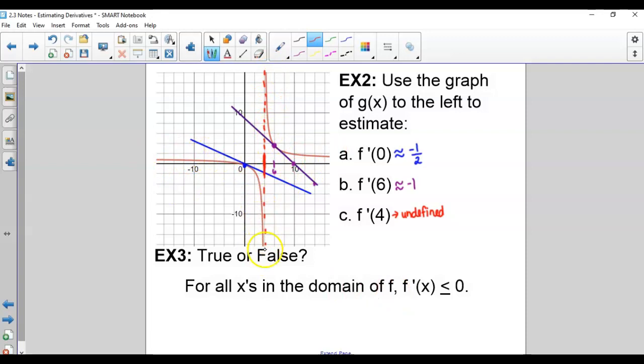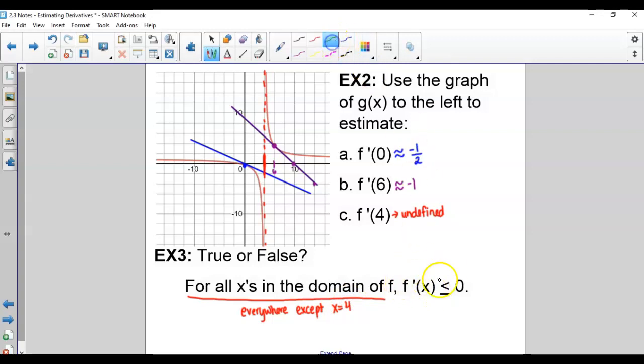And this function is defined everywhere except at that vertical asymptote, at x equals 4.